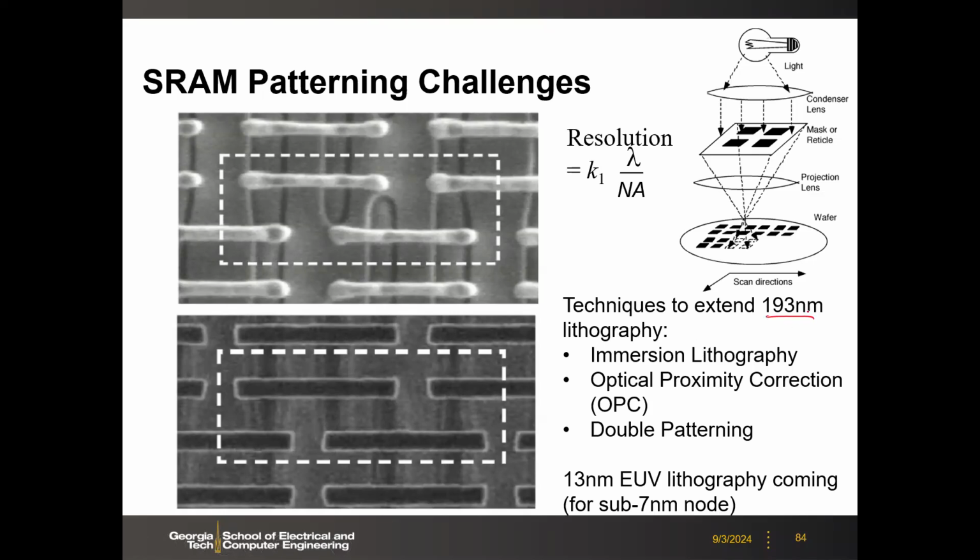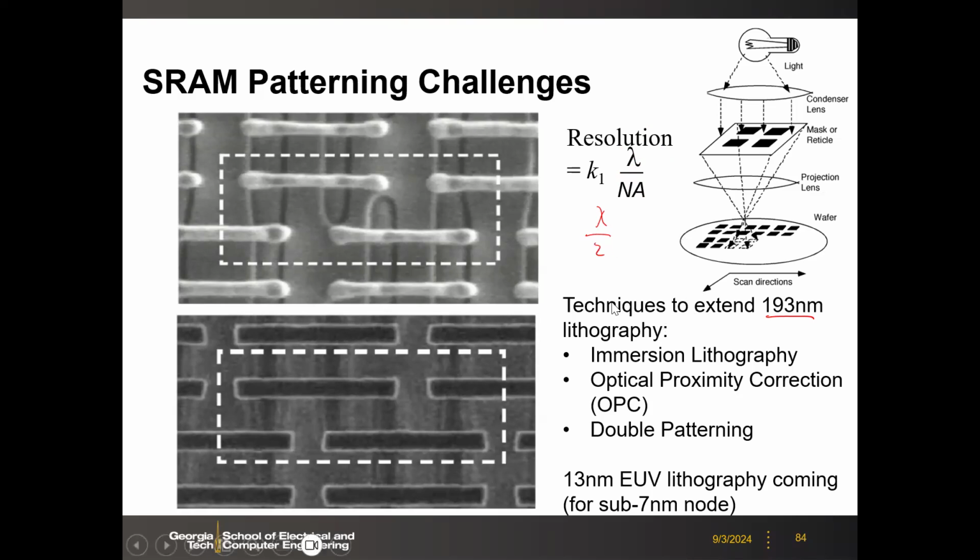This 193 nanometer is the wavelength of the light. It's already UV light at 193 nanometer, because visible light is from 400 nano to like 900 nano. Below that is UV. From the basic optics, right? The resolution is roughly half of the lambda, if you consider the diffraction and so on. So in principle, with 193 nanometer lithography, you can only pattern maybe 90 nanometer feature size.